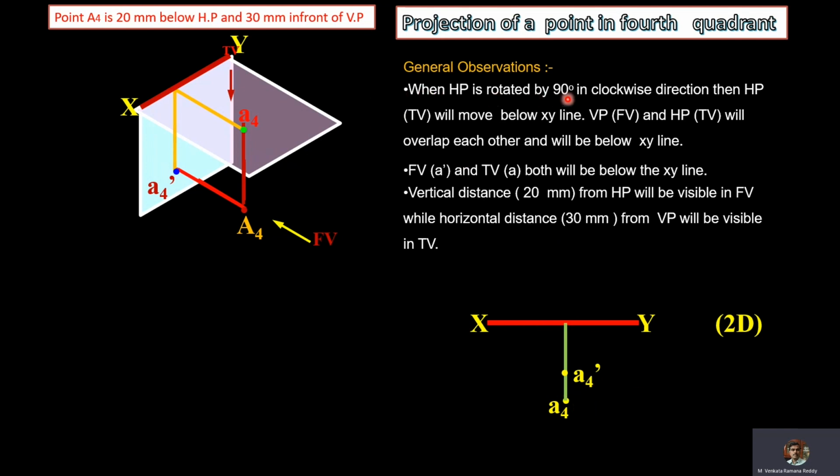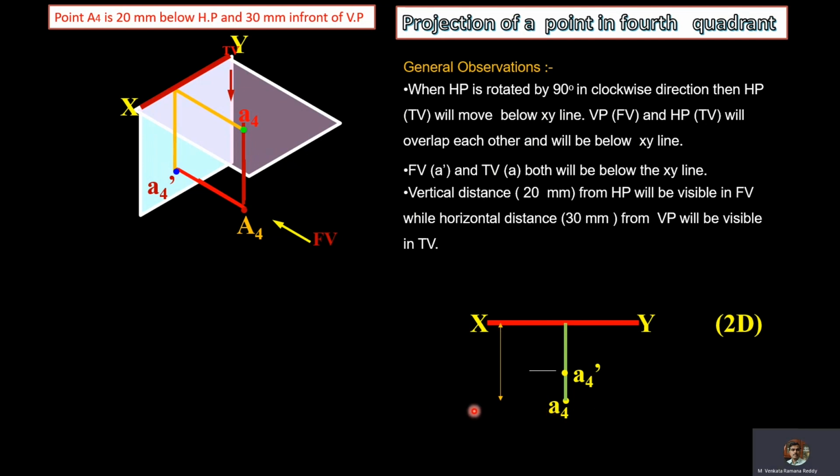Here we are rotating the horizontal plane 90 degrees clockwise. Then HP will move below the XY line. VP, that is front view, and HP, top view, will overlap each other and will be below the XY line. This is the orthographic projection of the point when the point is in the fourth quadrant.